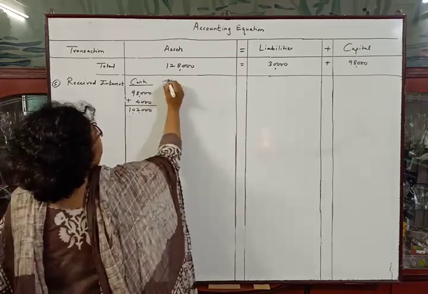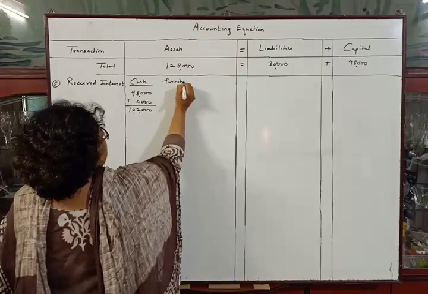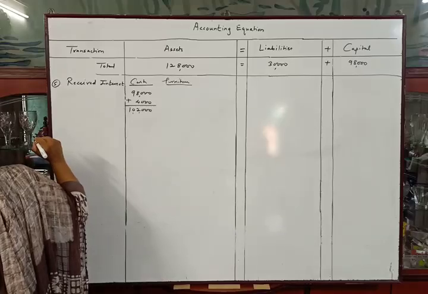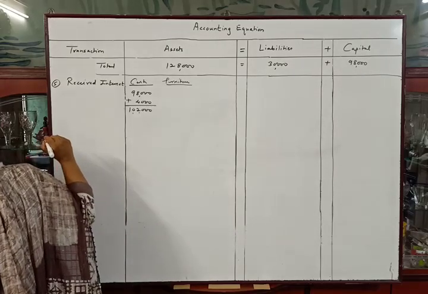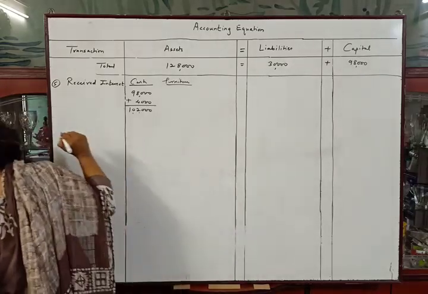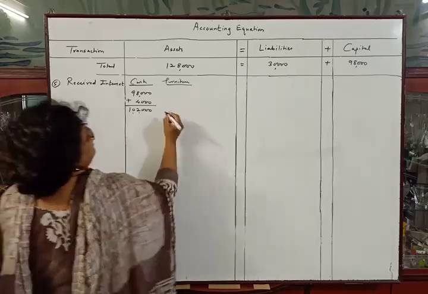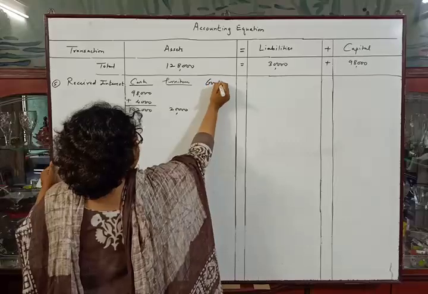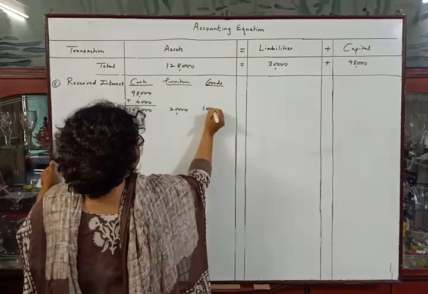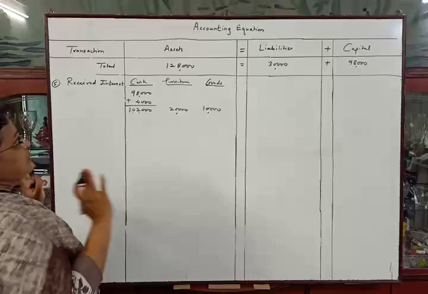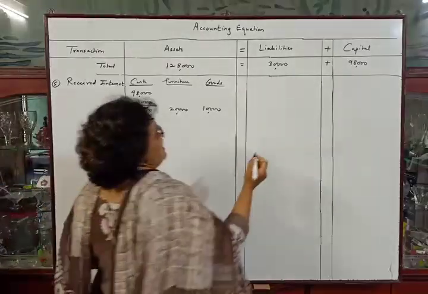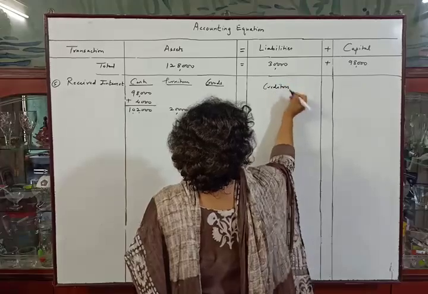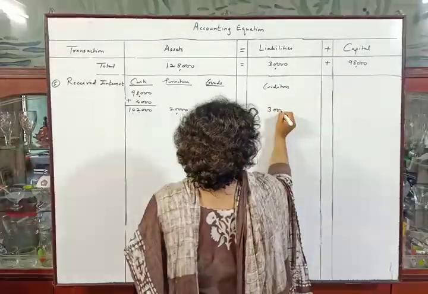So furniture was of rupees 20,000 and goods were of rupees 10,000. They will remain as it is. Now the liabilities that is creditors will remain as it is, that is rupees 30,000.